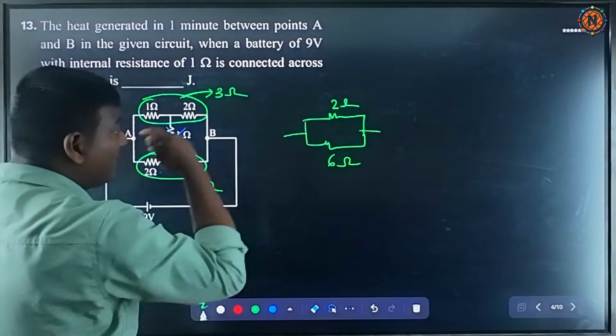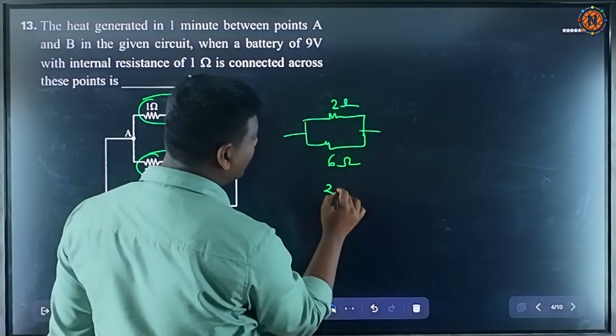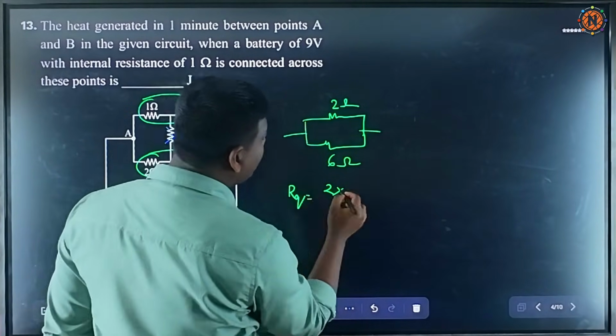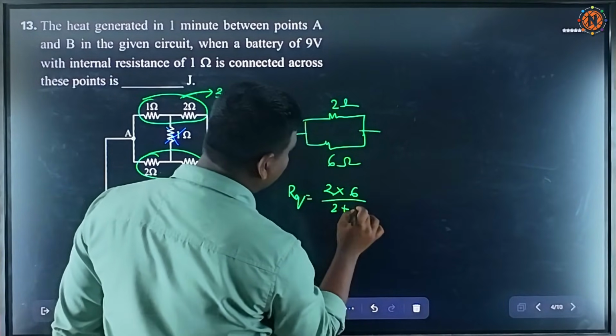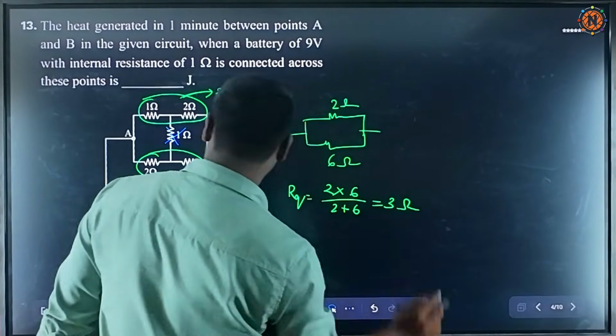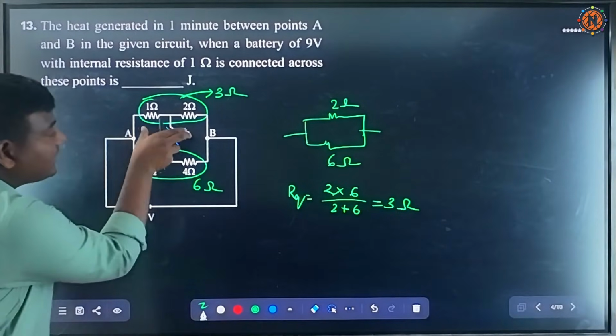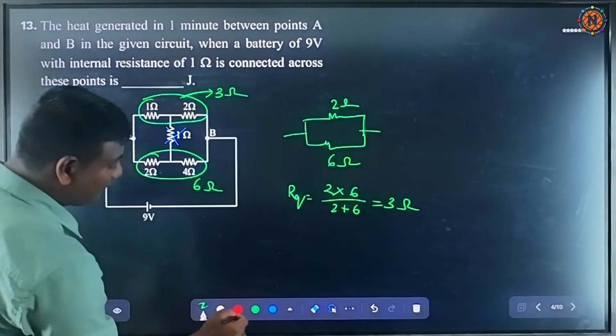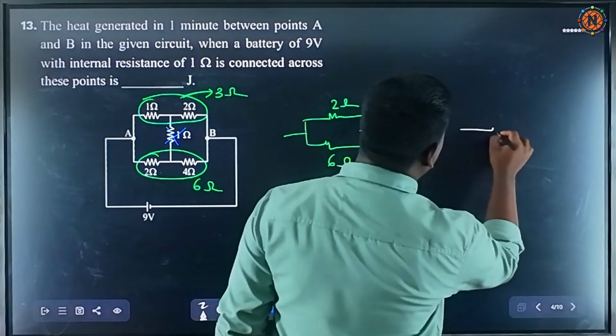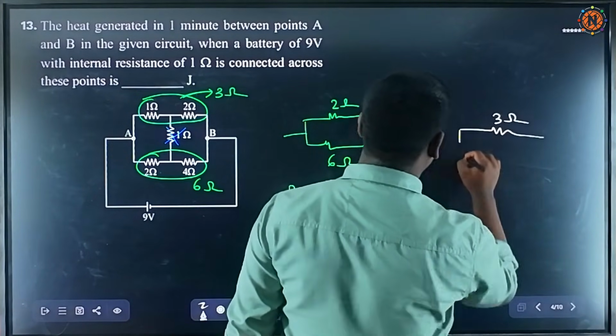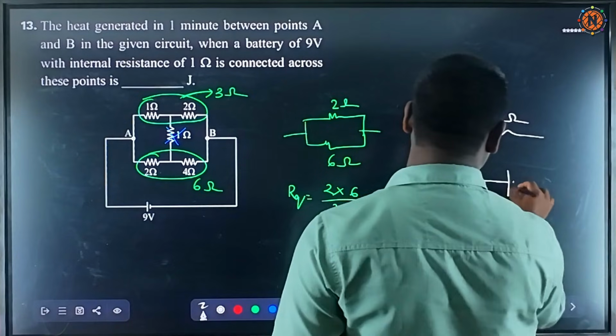Their equivalent resistance is 2 into 6 divided by 2 plus 6, and that will be 3 ohm. Now this whole combination can be replaced by a 3 ohm resistance. So let us draw the final circuit diagram. This is 3 ohm, and then a battery of 9 volt.